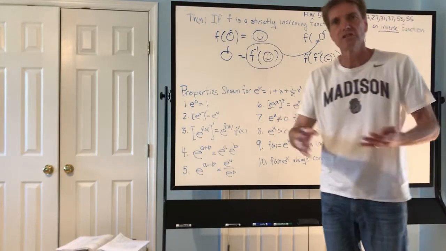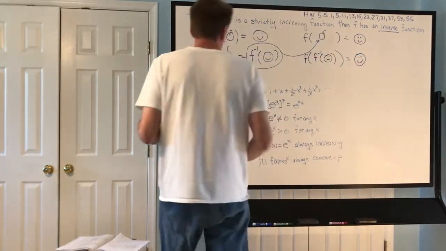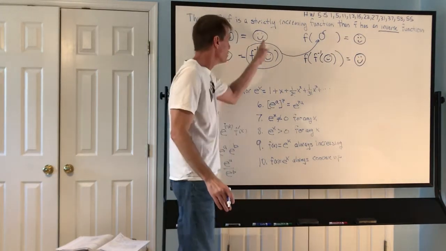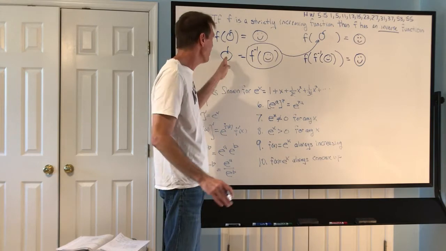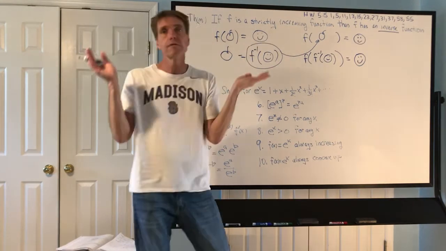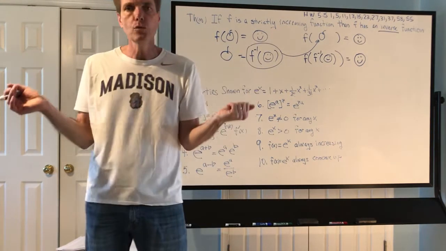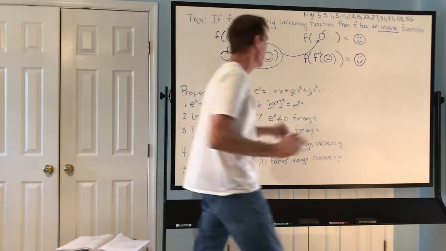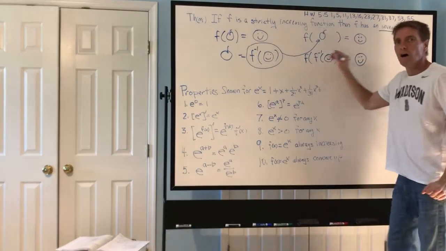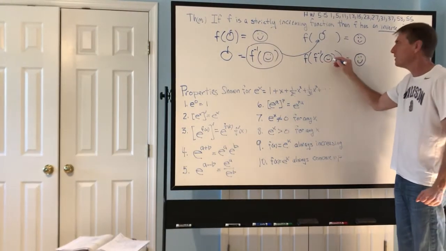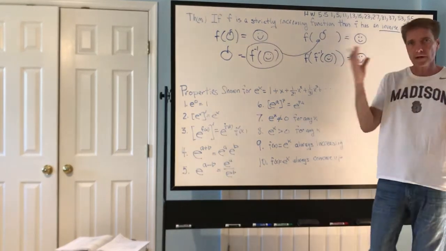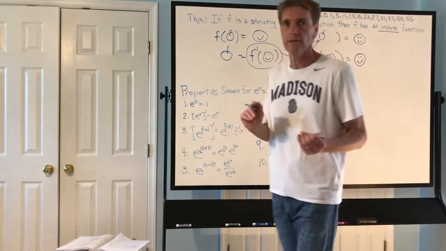Okay? So this is one of the key things. If f inverse sends smiley face to apple, the function undoes what the inverse function does. They can just undo each other. So f of f inverse of smiley face just takes you back to smiley face.